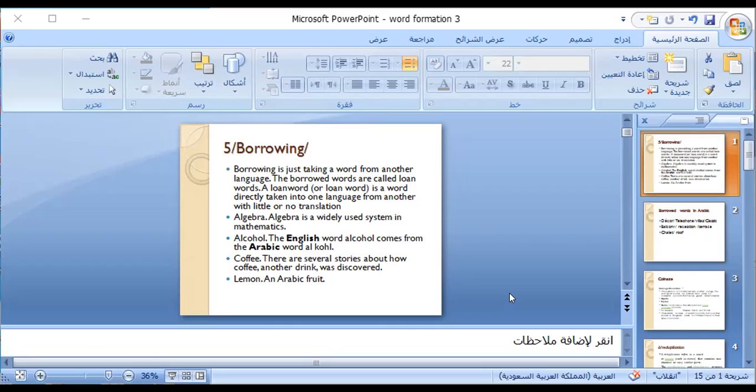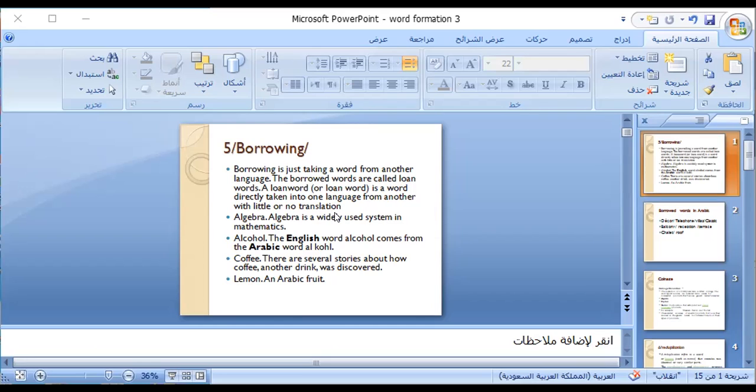Now today, the fifth process of forming new words is borrowing. What's the meaning of the word borrow? It means to take something which is not yours. It's the same in language. You take vocabulary or words which are not in your language or which don't belong to your language.